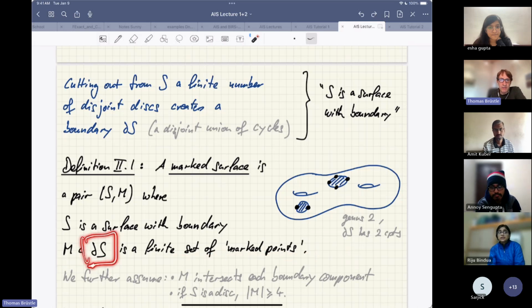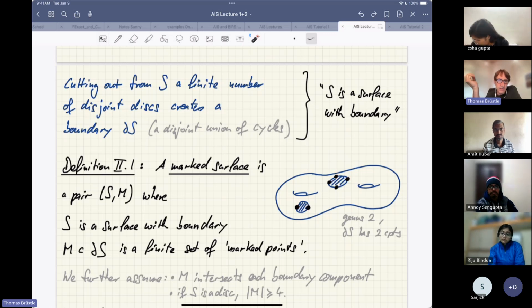The points in M are here denoted in black: 1, 2, 3, 4, 5, 6. There is a version of marked surfaces where they also allow marked points in the interior. These are called punctures. But for what I'm doing, I do not allow punctures. I have an unpunctured marked surface. That's okay? Good.